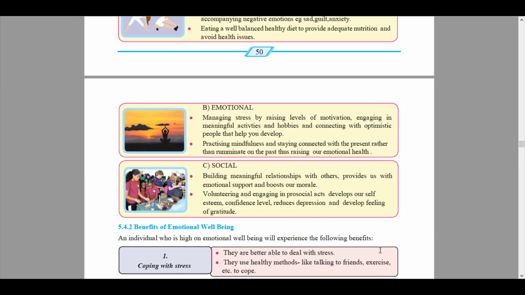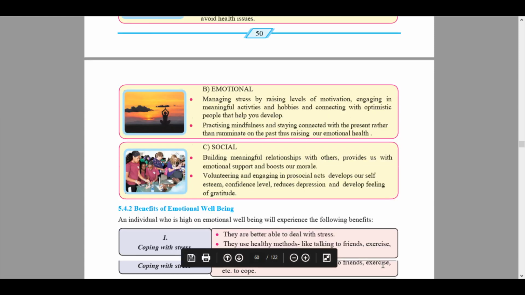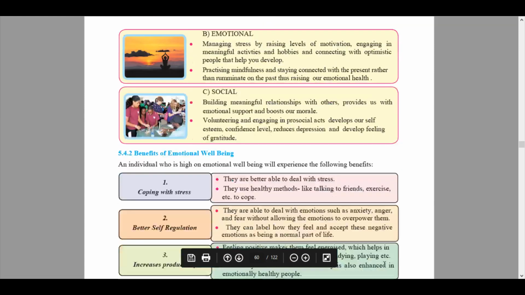Then we move forward to our next subtopic, that is Unit 5.4.2, the benefits of emotional well-being. An individual who is high on emotional well-being will experience the following benefits.